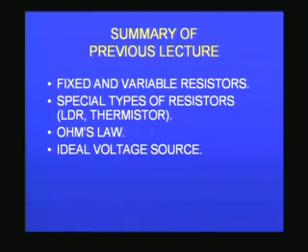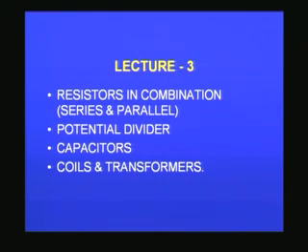Ideal voltage sources are characterized by zero resistance. So these are very important concepts in electronics, and therefore we also saw the actual practical experiments relating to all these things. We saw the LDR, we saw the thermistor, we saw the ideal voltage source and things like that.